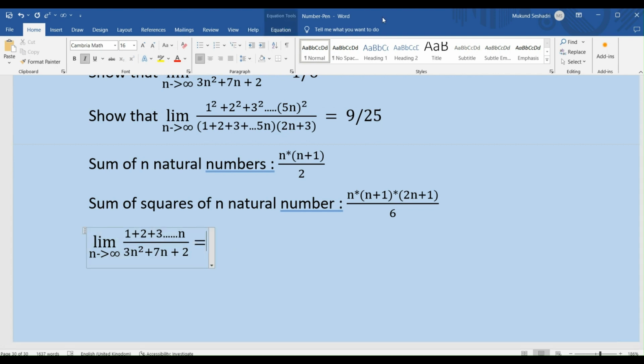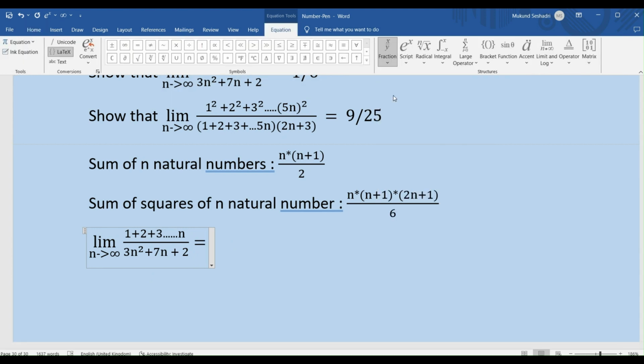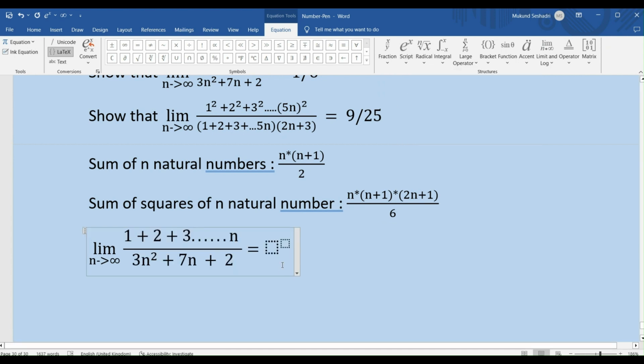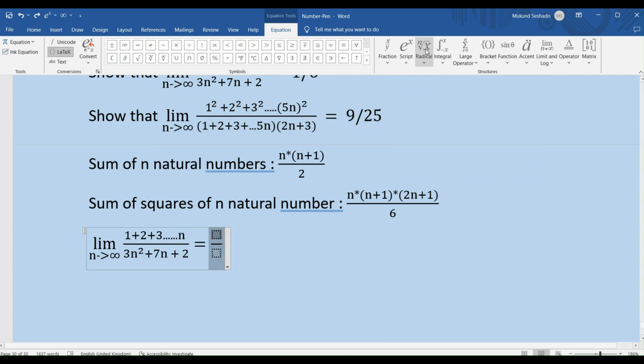That's nothing but n square plus n. So I'm going to rewrite this as n square plus n, and my 2 goes to the denominator, so I copy it as it is. And then I still have my other term, which is 3n square plus 7n plus 2.